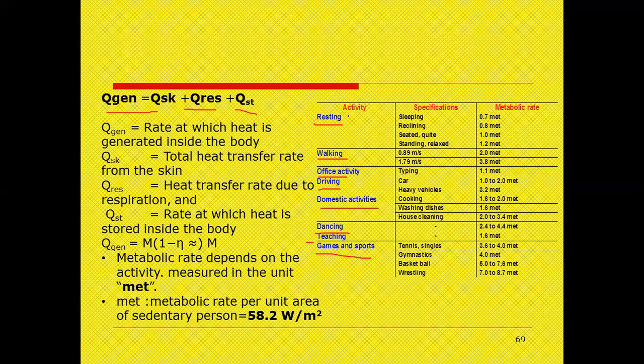For resting, the metabolism rate for sleeping is 0.7 met, reclining is 0.8, seated and quiet is 1, and standing and relaxed is 1.2. So between sleeping and standing you can see the difference from 0.7 to 1.2 met.